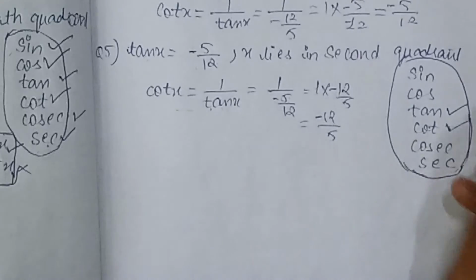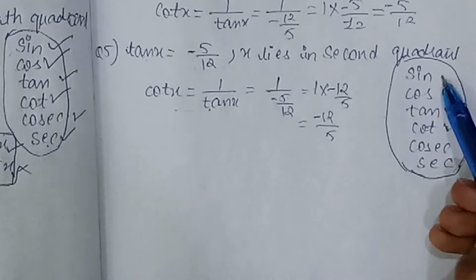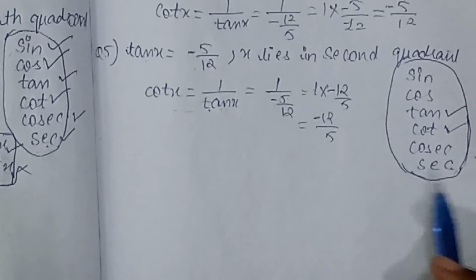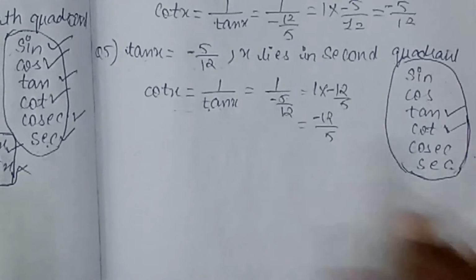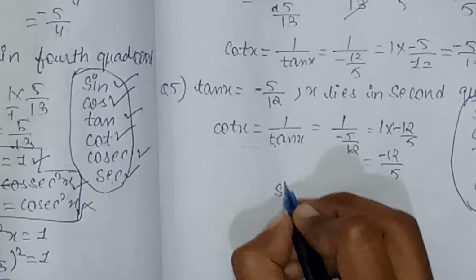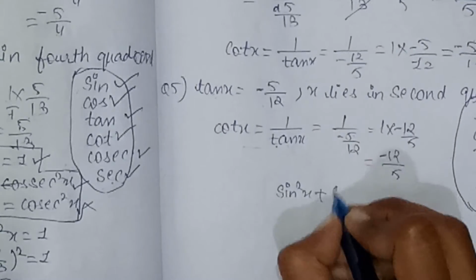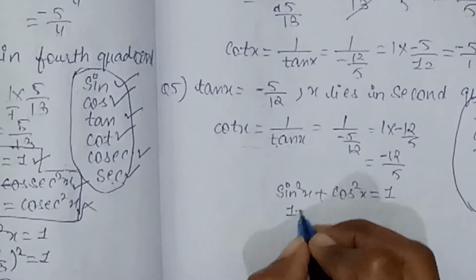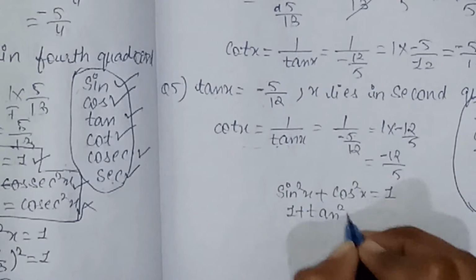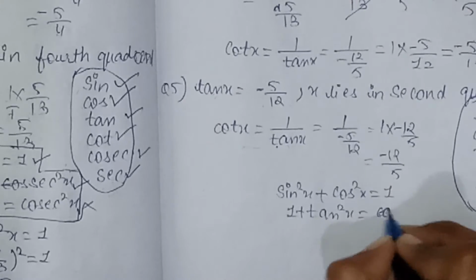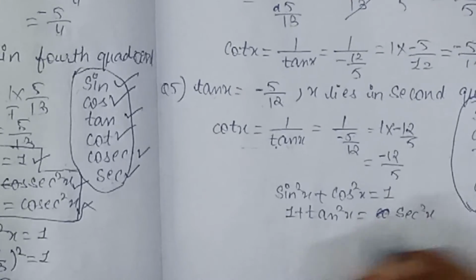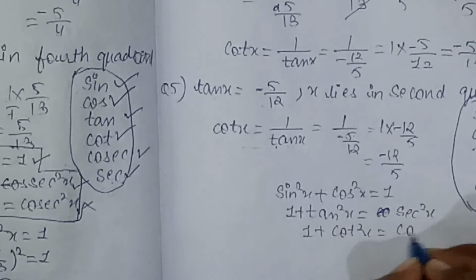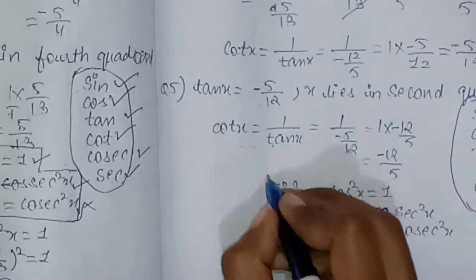Now we need to find the values of sine, cos, cosecant, secant. How can we find them? Just use the trigonometric equations. Again I'm writing them, because it will be easy to memorize and you will also learn. Keep it in a box.